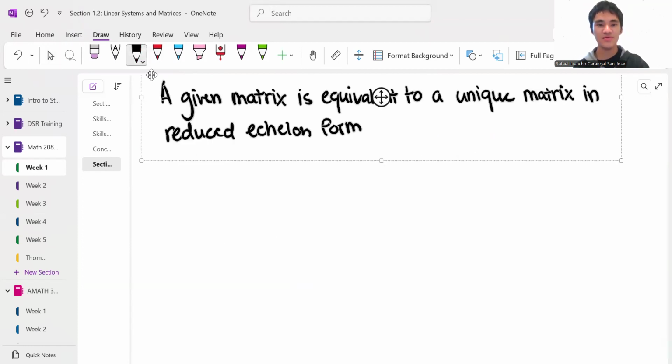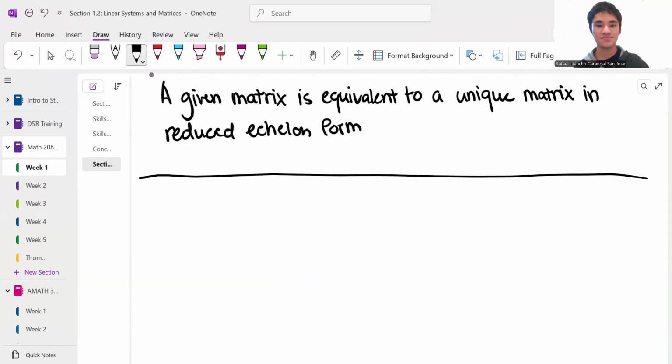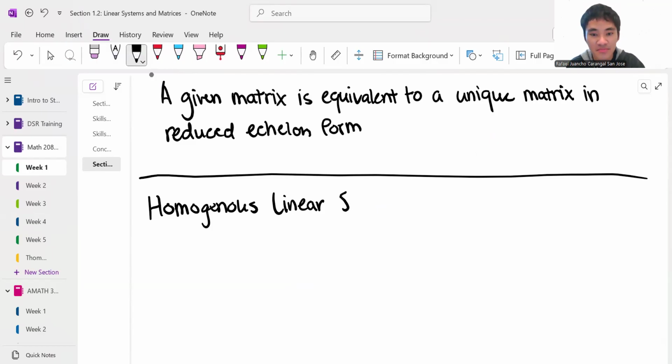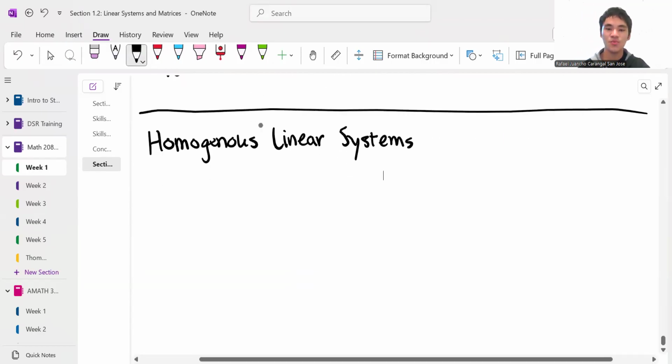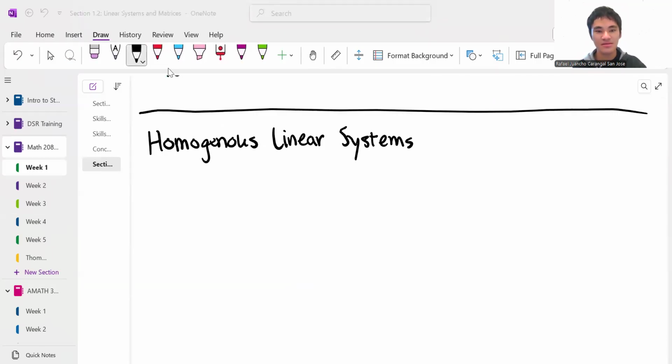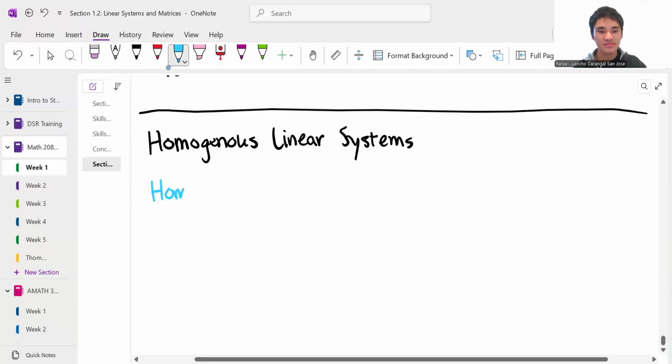Now we have another new thing that we want to talk about. We're gonna go back to linear systems, just to backtrack for a bit. We're going to talk about homogeneous linear systems. What in the world did I just say? I don't know, we'll find out.